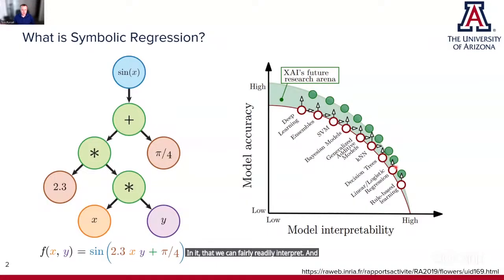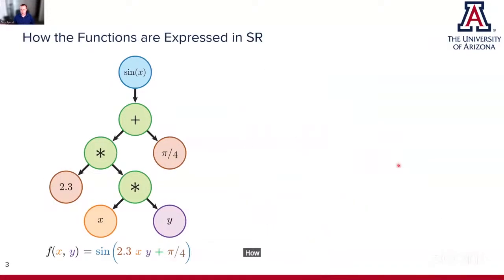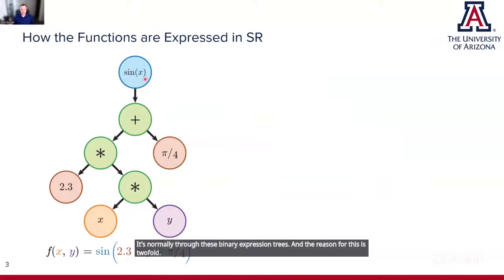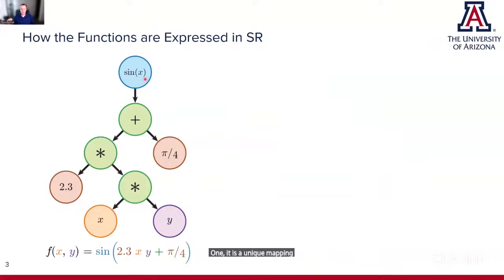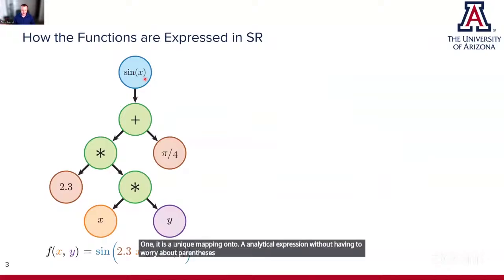And on computers, how we actually store the underlying expression symbolic regression found is normally through these binary expression trees. And the reason for this is twofold. One, it is a unique mapping onto an analytical expression without having to worry about parentheses, brackets, or any of that.